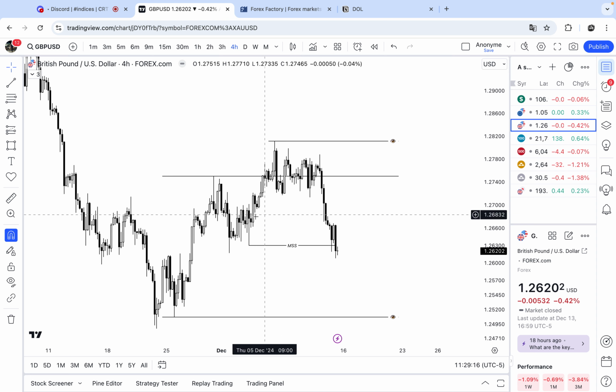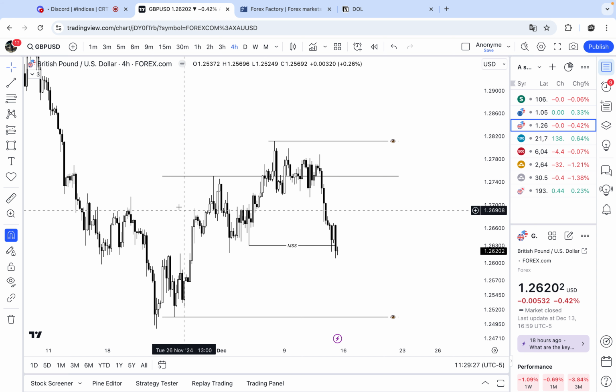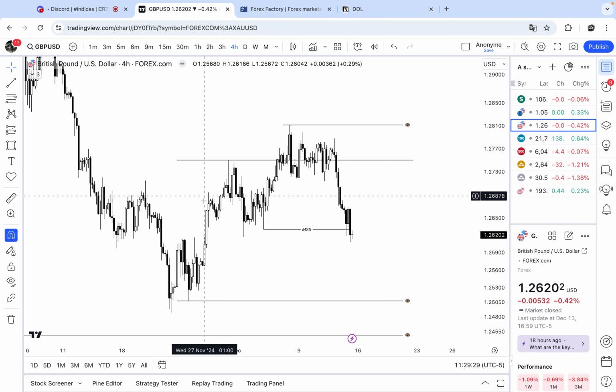You're saying this is a break of structure, it's not the same thing, right? Look, on the 4 hour, that was the structure. This is the weekly high, so weekly equals 4 hour market structure.